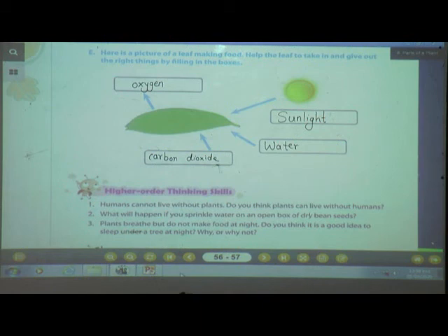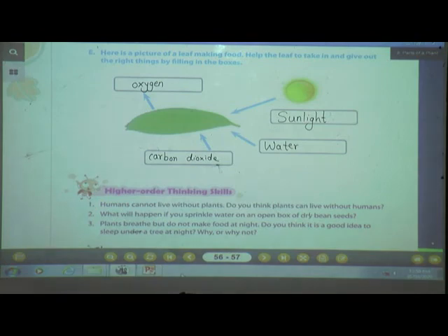Thus it is not good to sleep under the tree at night, as carbon dioxide is not good for people. See, we need only oxygen. We should not breathe carbon dioxide. It's very dangerous for us. So that's why it's not good to sleep under the tree at night.